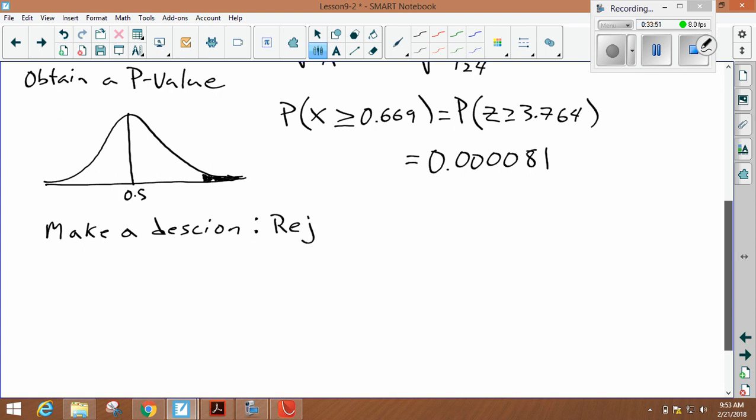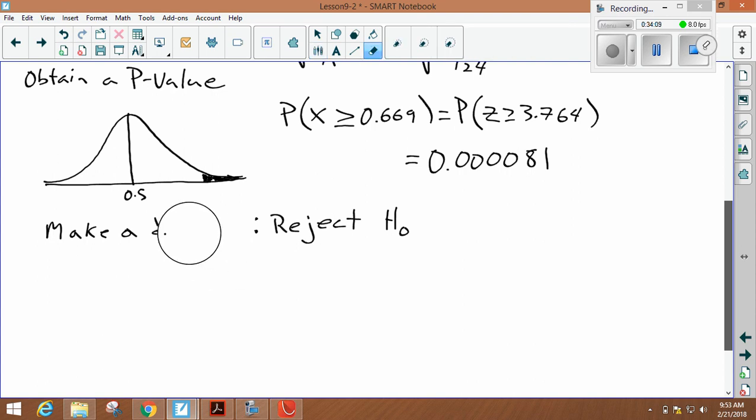With a p-value so low, we are going to go ahead and reject the null hypothesis. So we're going to reject H naught, our null hypothesis. Decision. So we're going to reject the null hypothesis.